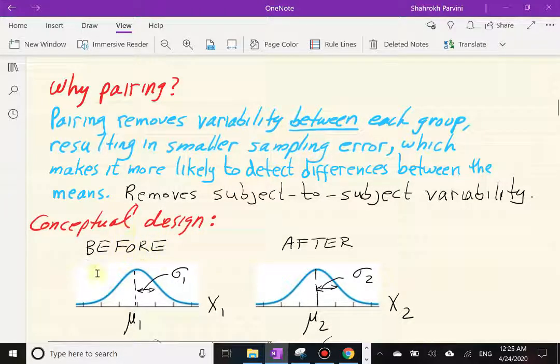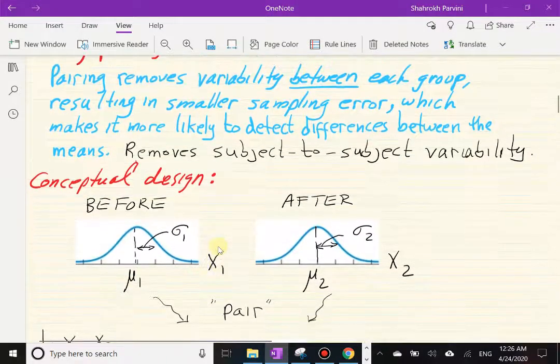This is the distribution of scores before, this is the distribution of scores after. That the scores follow a normal distribution is a usual assumption, right? We assume normality since chapter 8. Each has its own mean, each has its own deviation, but we are measuring the same variable, however.